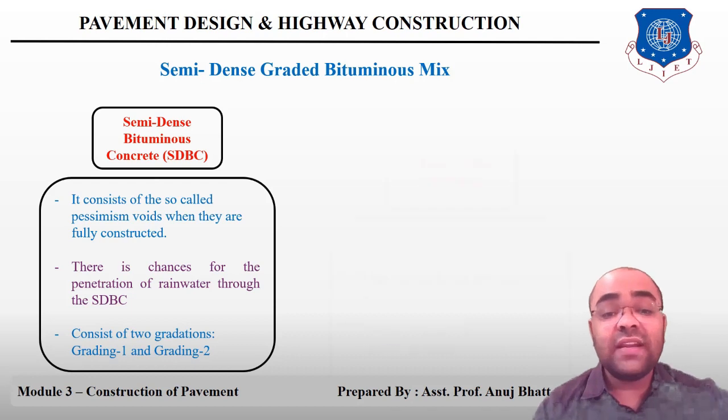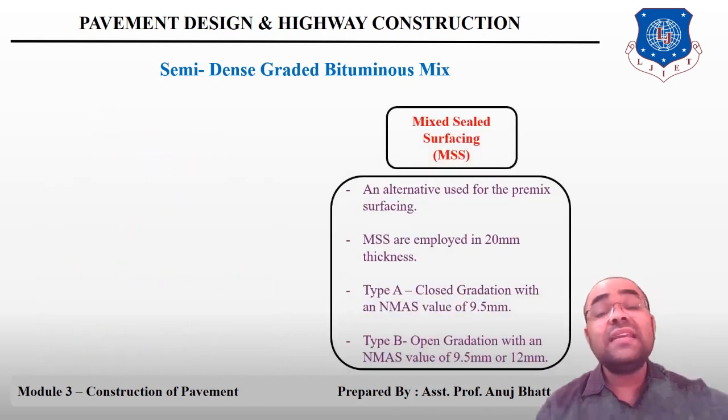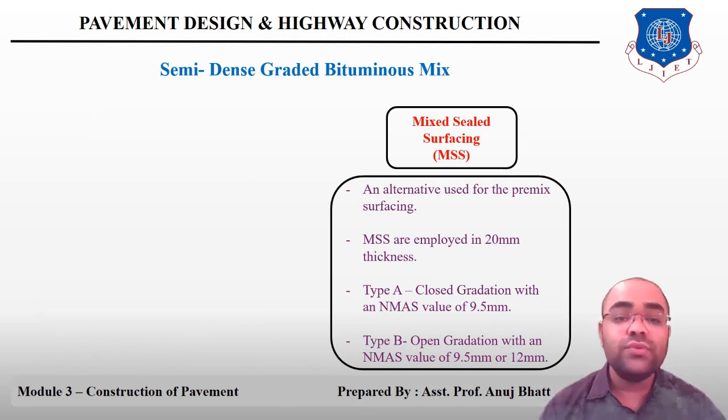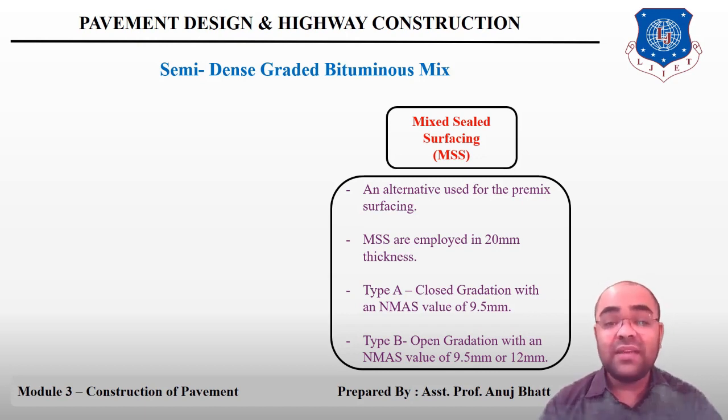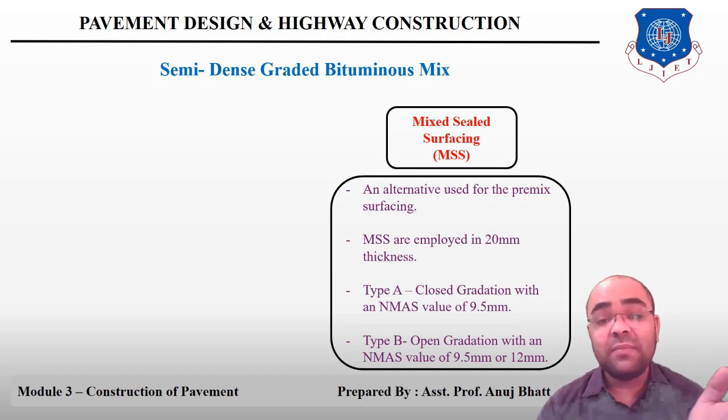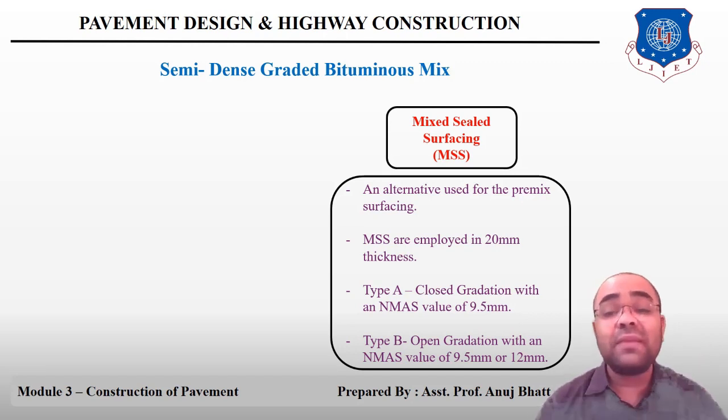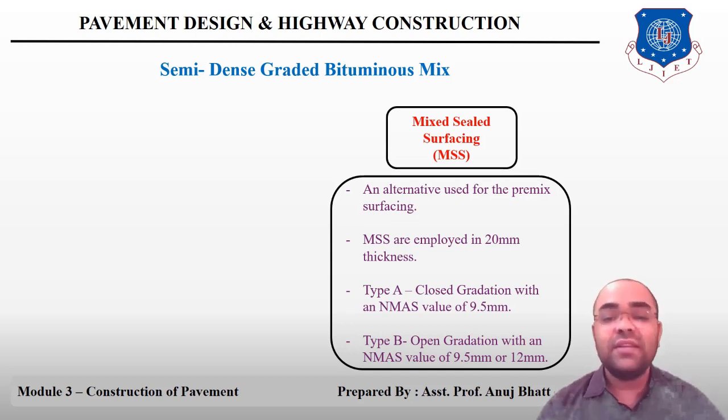Next, that is mixed seal surfacing. This is an alternative to premixed carpet that we'll discuss later. This PMC, premixed carpet, is also known as premix surfacing. Both premix surfacing and mixed seal surfacing are employed in 20 mm thickness.